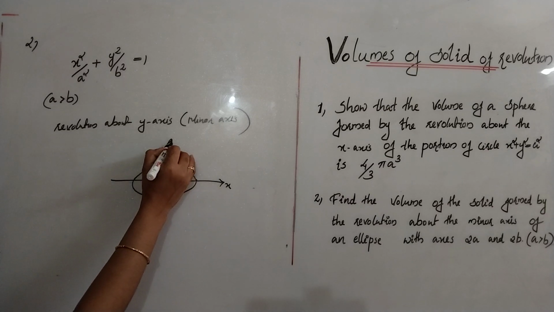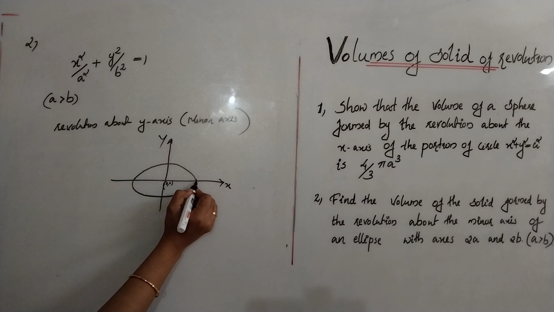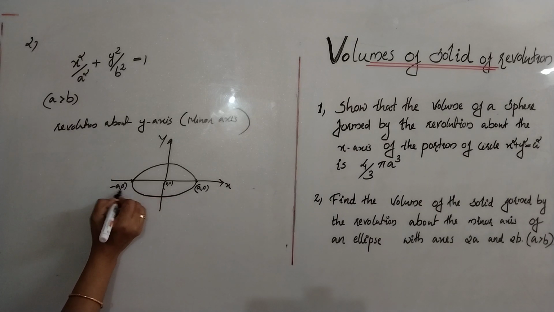This is the x-axis and this is the y-axis. Here is the origin. Here it is A, 0. Here it is minus A, 0.